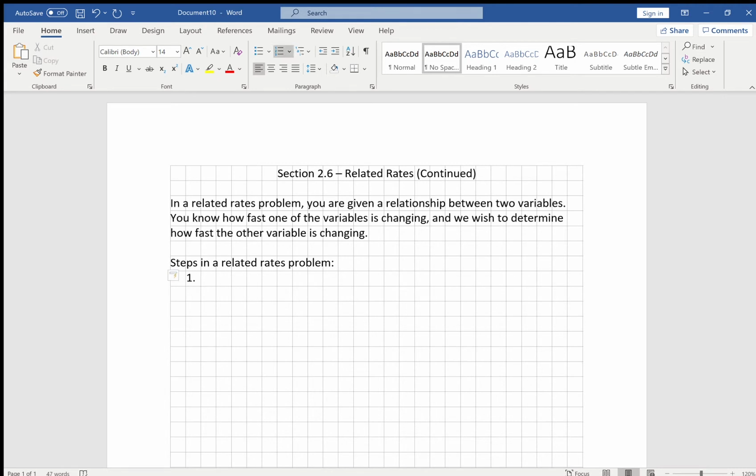So in something like this, there are a number of steps. First, as I said last time, we draw a picture. Secondly, we define variables. Third, you write an equation connecting your variables.